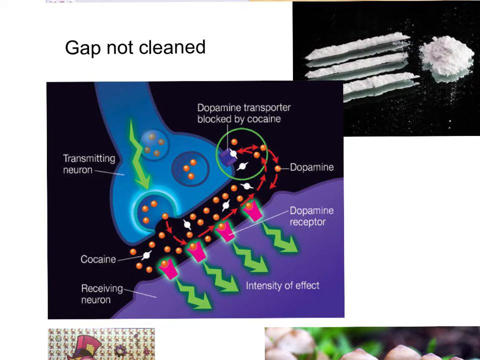In chemicals like that, where the gap is not cleaned up, what happens is the neurotransmitter stays bound to the receptor longer than it should. So that then causes the action potential to be sent more frequently than it naturally should.